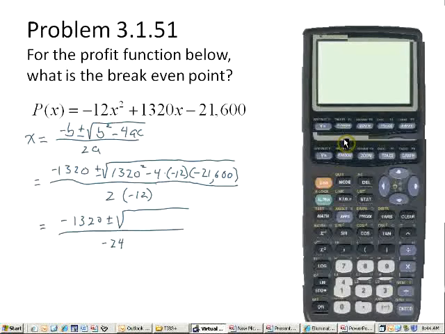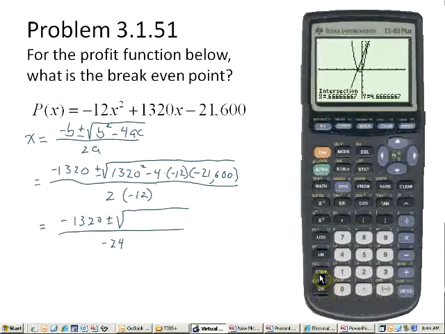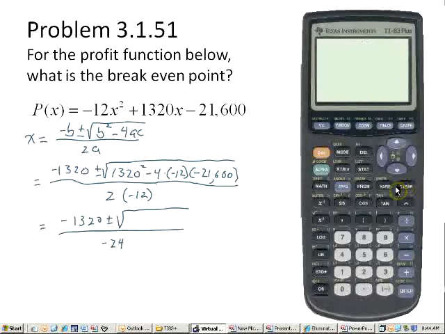Let's get the calculator a little bit bigger here so we can see what we're doing. Turning on the calculator, let me clear out what was on here from before. And let's do this inside computation here. So I'm going to do the 1,320 squared.